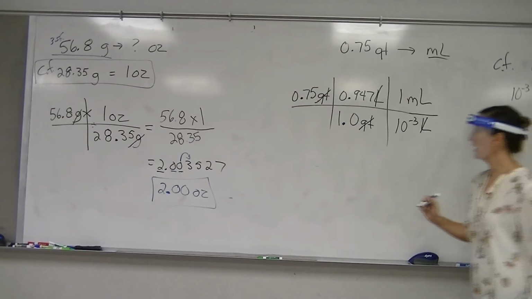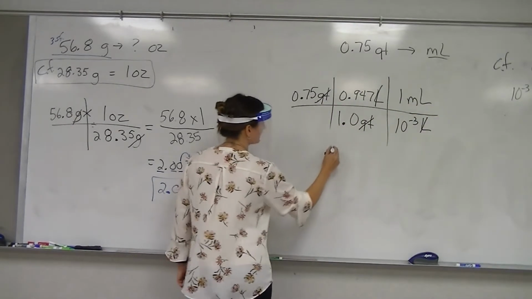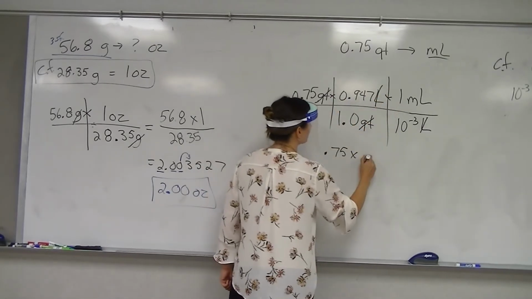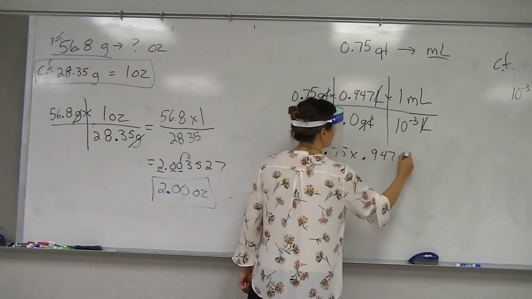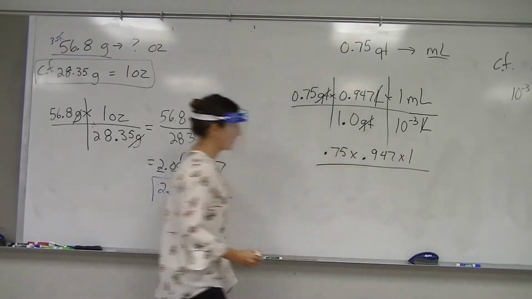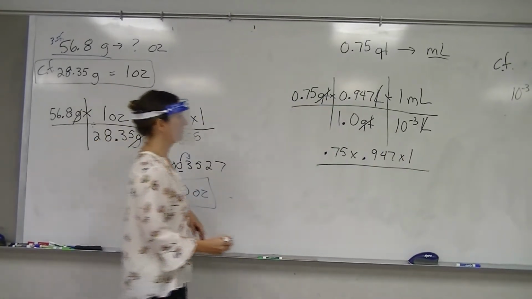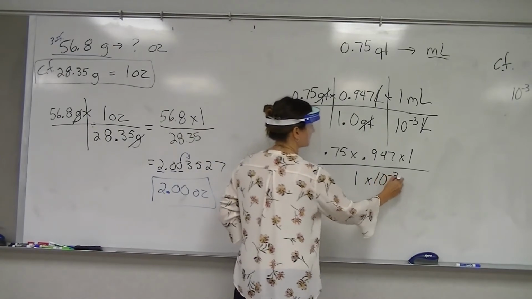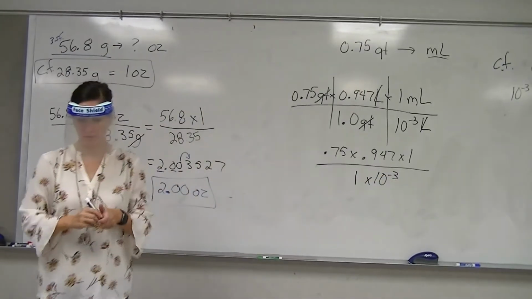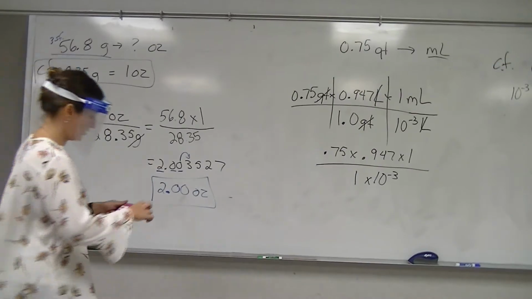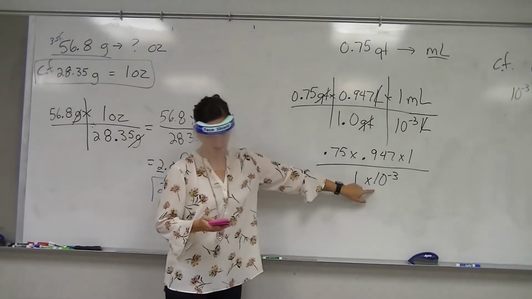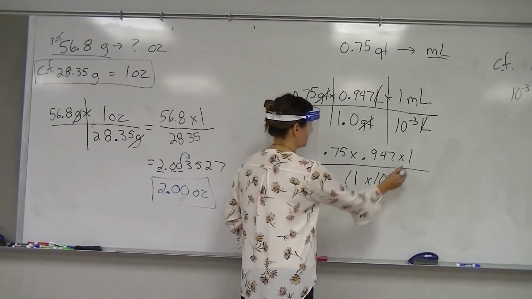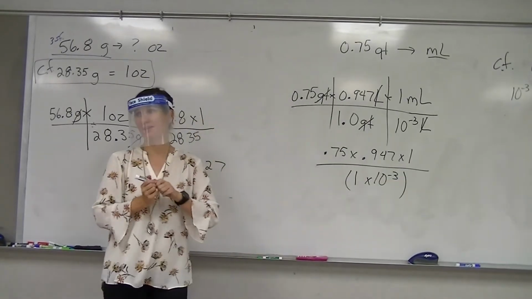So how are we calculating this? This time we've got lots of stuff going on. We're multiplying across, remember? So 0.947 times 1 in the numerator, and then in the denominator we have 1 times 10 to the negative third. When you enter this in your calculator, especially what's in the denominator, most calculators need you to have it in parentheses because it's an exponent.